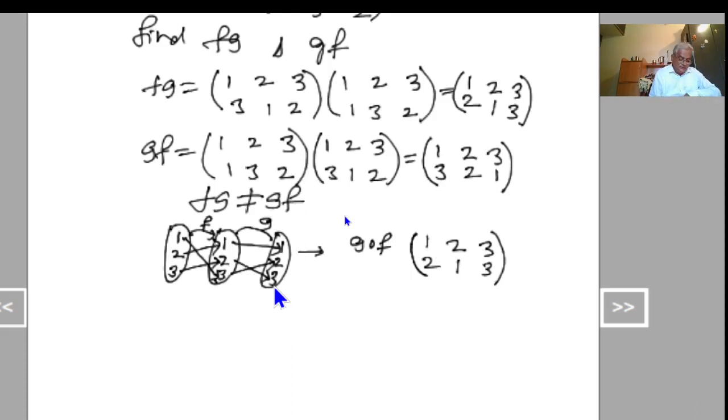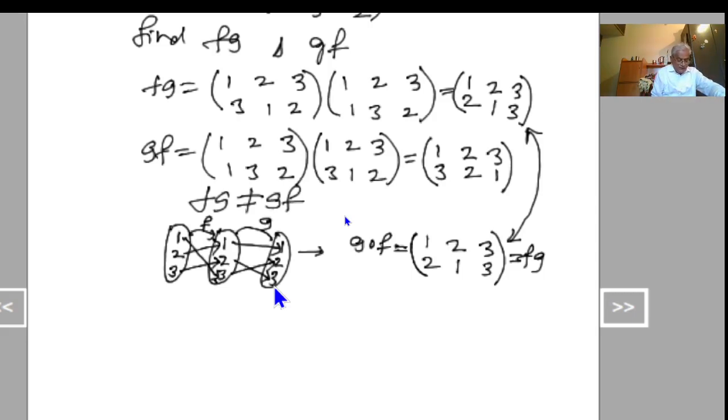So that is G composition F, which is nothing but FG. Okay, these two are the same here. That is the composition of F and G. We denote this by FG and we can calculate.